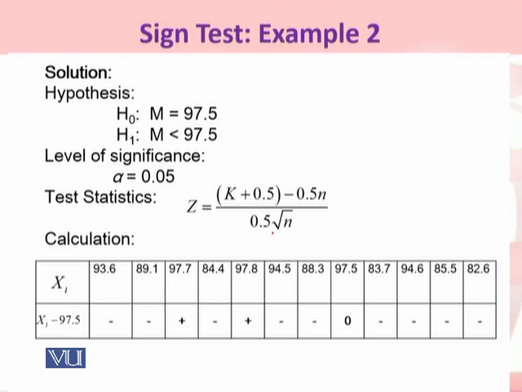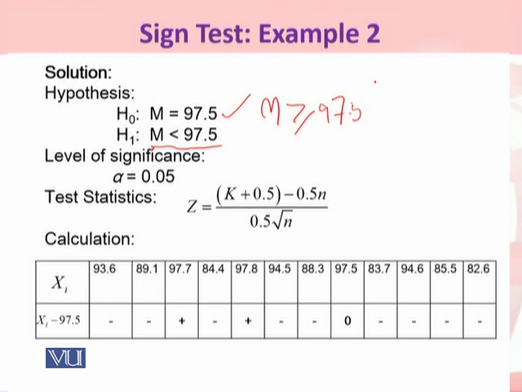The first and foremost step is to formulate the null and alternative statements. The alternative statement about the median has already been given to us, that is, median is less than 97.5. On the basis of this statement, we construct H naught, that is M equal to 97.5, or you can also write it as M greater than or equal to 97.5. So here alpha is 0.05.